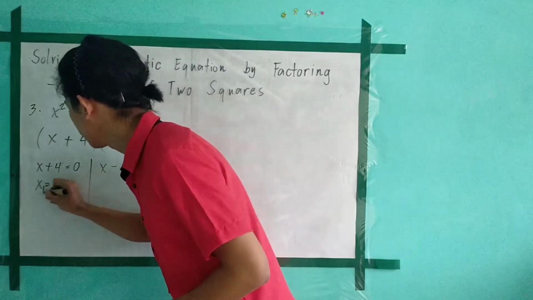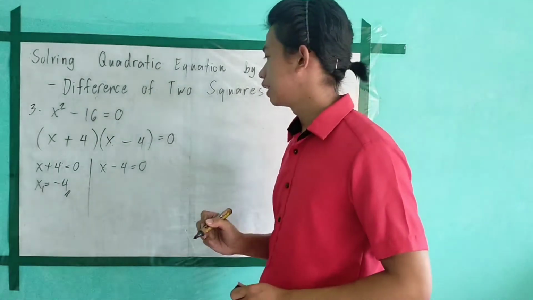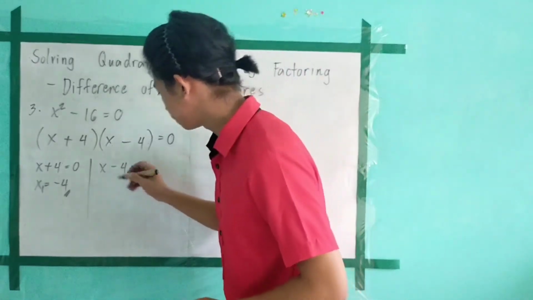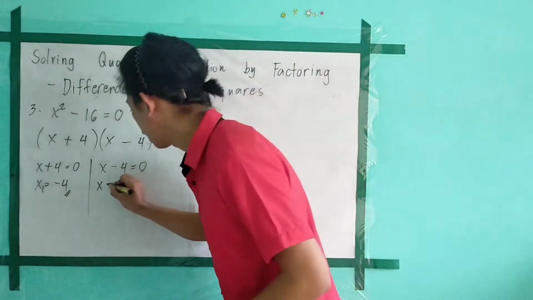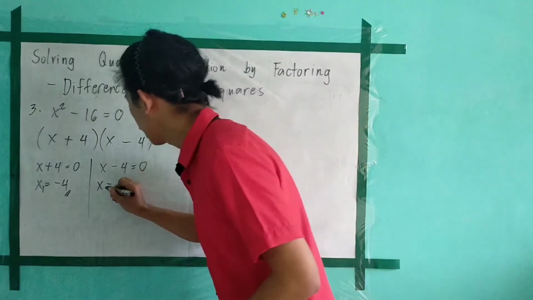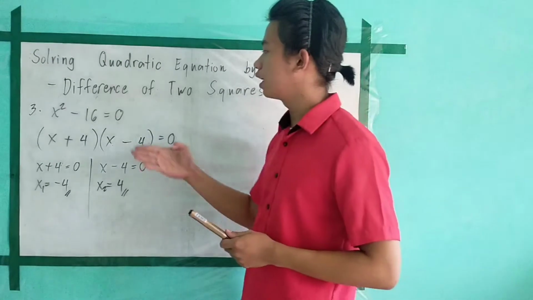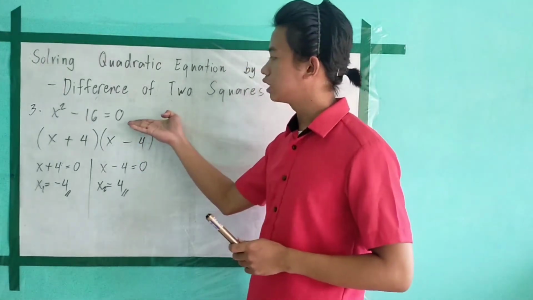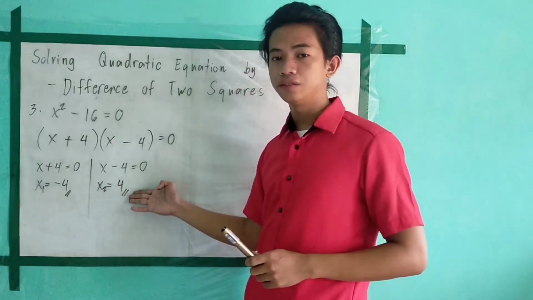So, our x sub 1 is equal to negative 4. Here, x transpose negative 4, so x is equal to positive 4. Then, our x sub 2 is equal to positive 4. Therefore, the solutions in these given problems are negative 4 and positive 4.